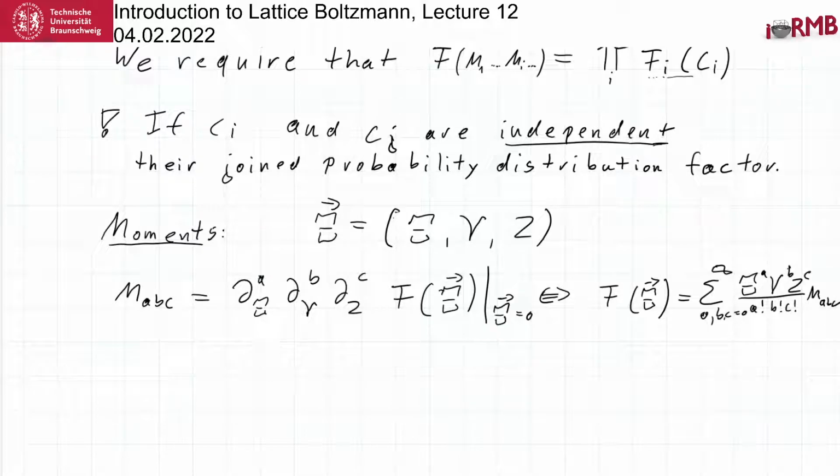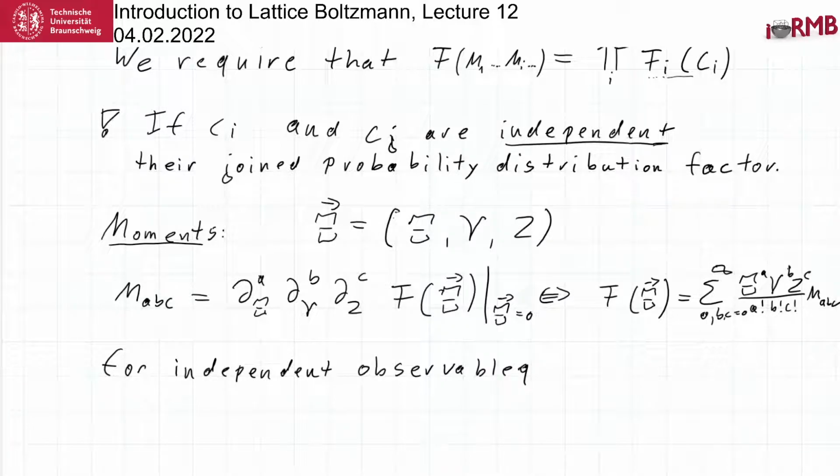But the moments, they are not independent variables. We are looking for independent variables. So now for independent variables, or say observable quantities. In German we can just say observables, but I think in English we have to say observable quantities. So that we call Ci.